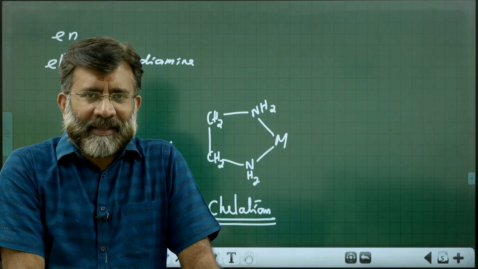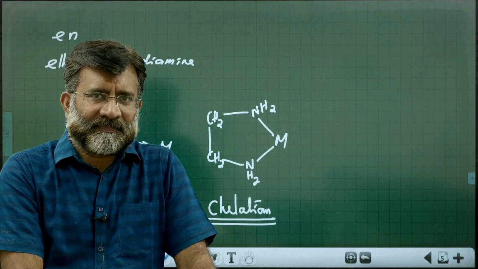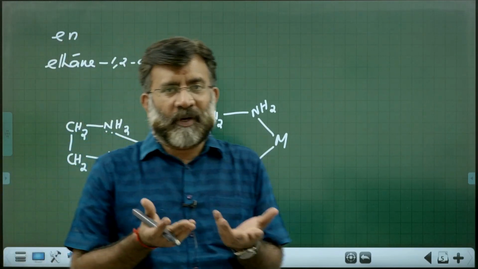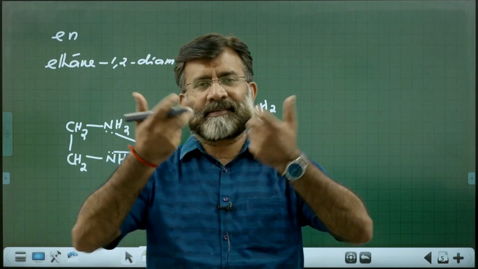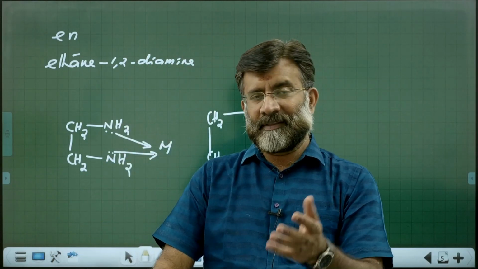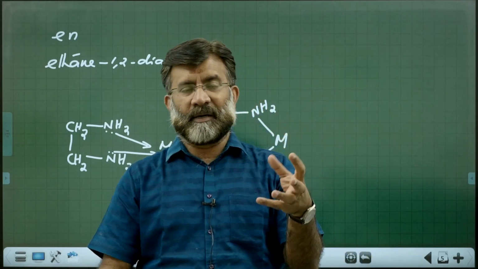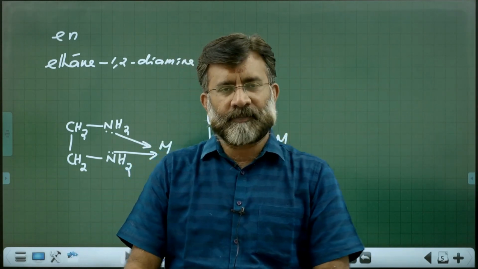Are they found to be extra stable or less stable? They are more stable. Usually, chelation causes extra stability. Of course, there are some abnormal situations where more chelation makes the molecule rigid. That's a different case.